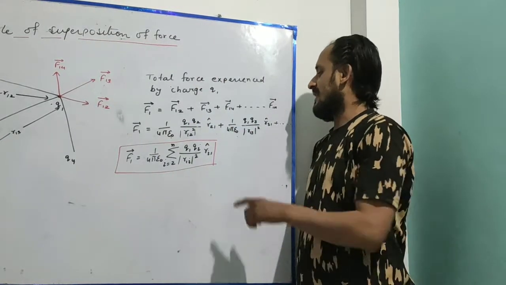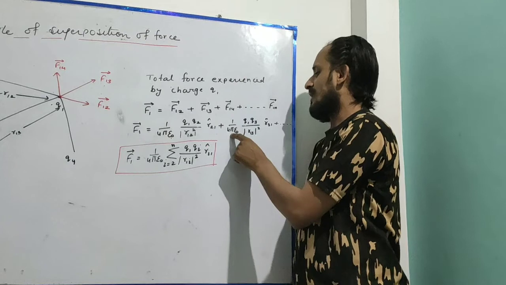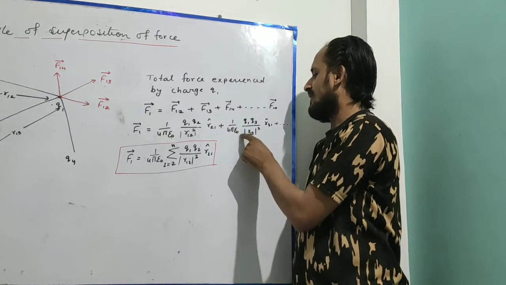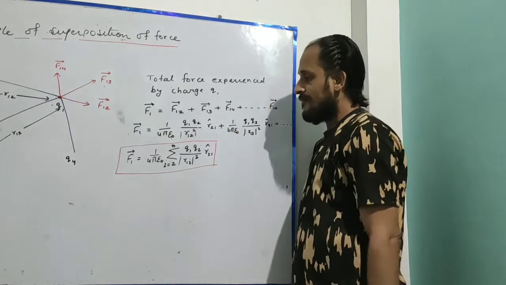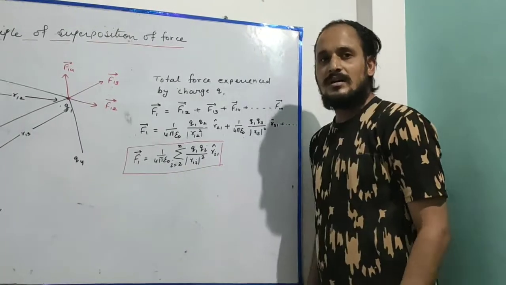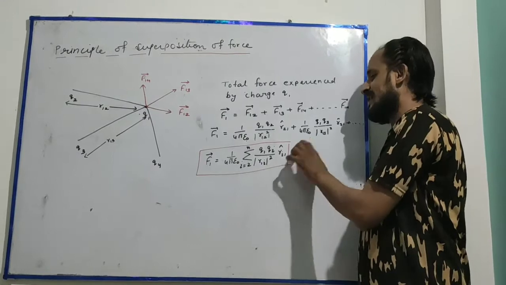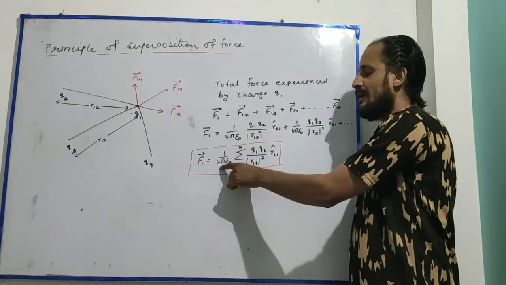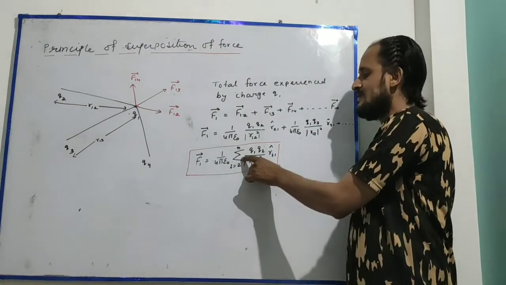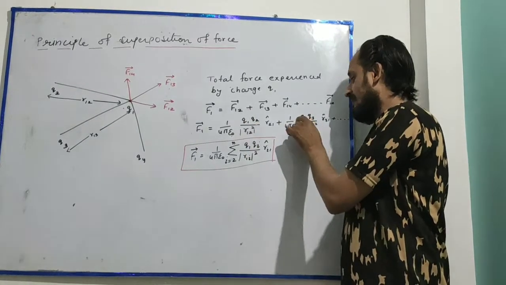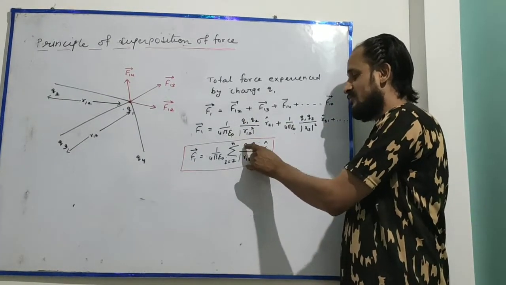We have written it earlier. F13 we can write as 1 upon 4 pi epsilon naught, Q1 Q3 upon R13 square, R31 cap. If you want to write it in terms of summation, 1 upon 4 pi epsilon naught is coming in every term, so you can keep it outside. The sign of summation, Q1 is coming in every term, you can keep it as usual.